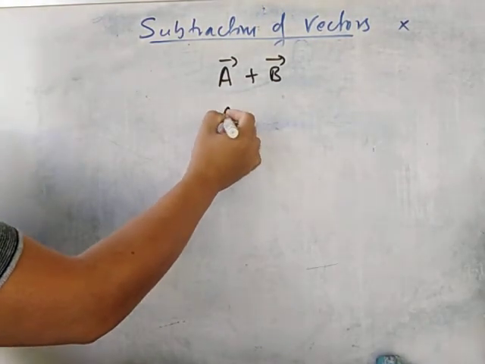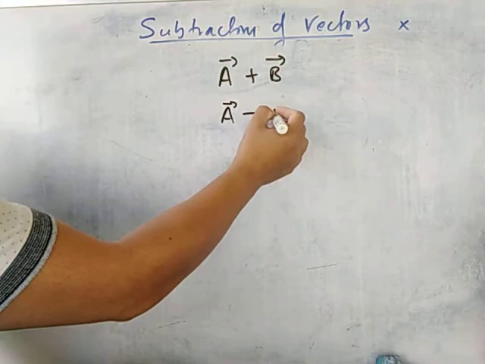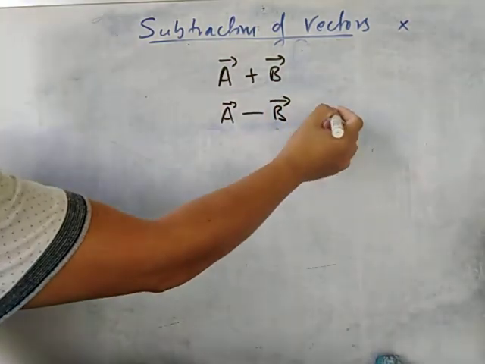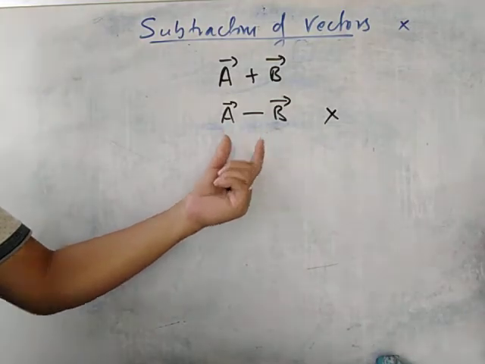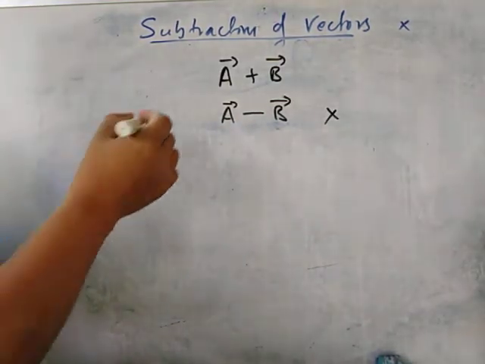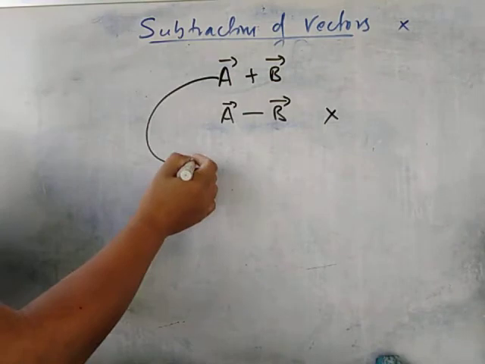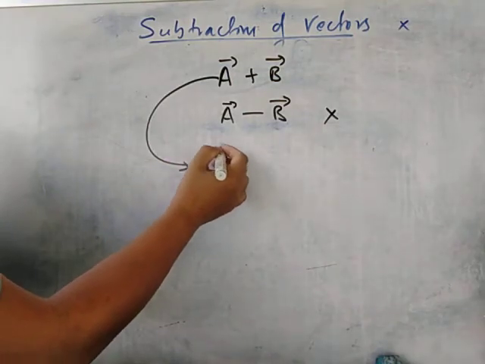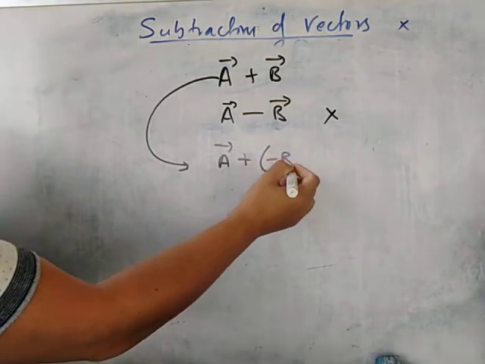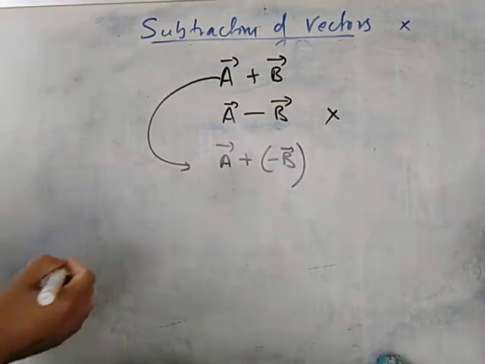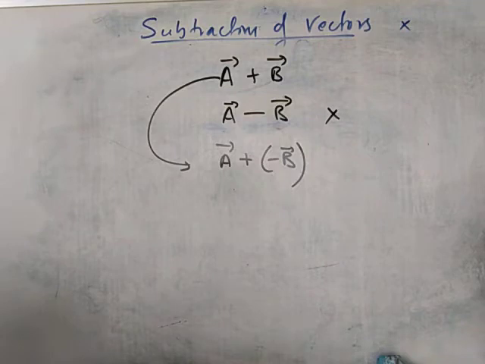But vector a minus vector b directly is meaningless, we don't have to do this. For subtraction we do addition, but with the negative of vector b.